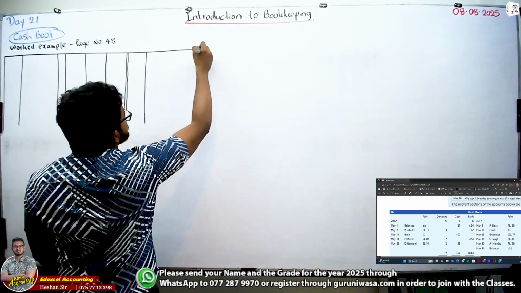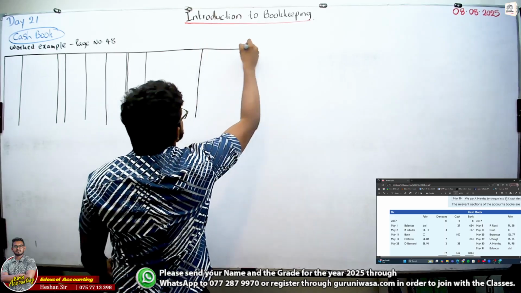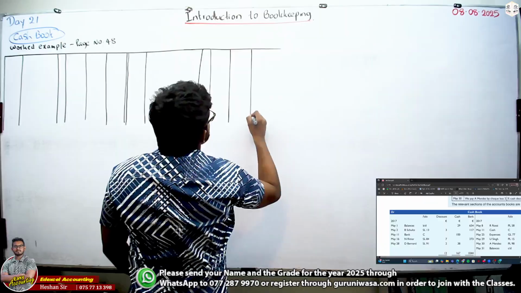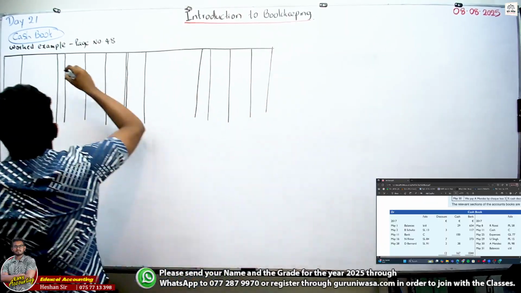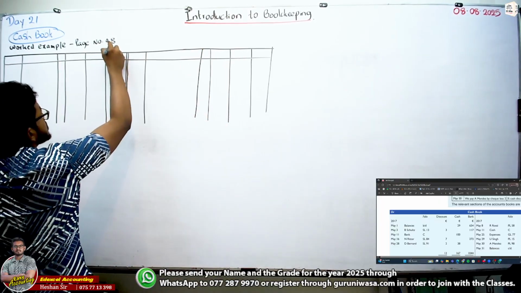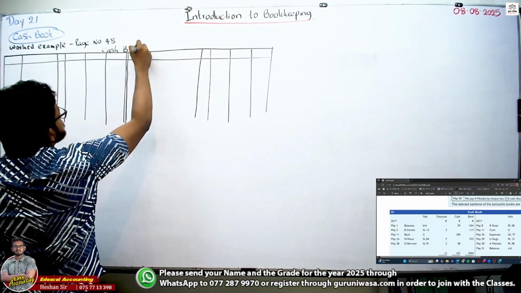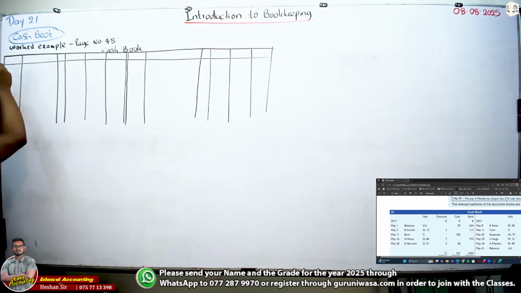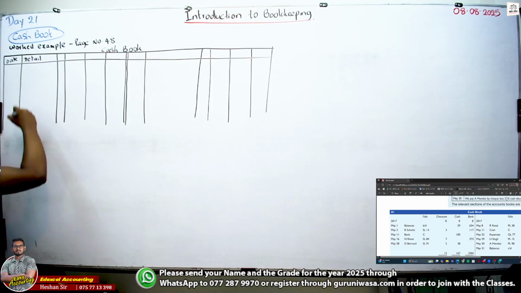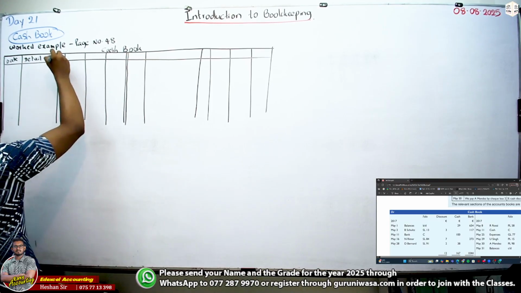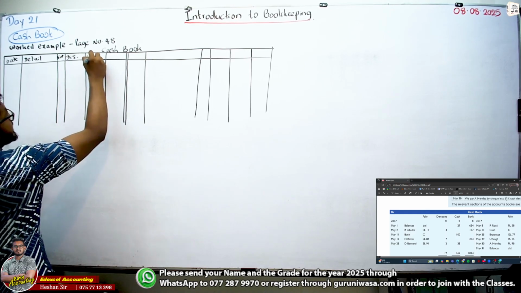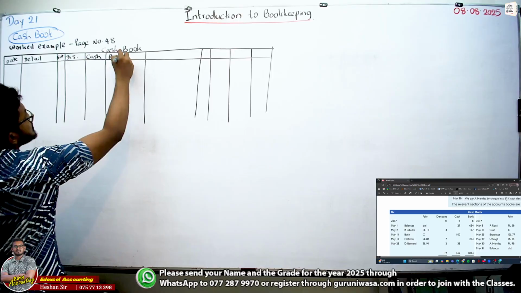Date, detail, folio, discount, the other, right? The cash book: date, detail, folio, discount, cash, and keep about 12 lines.